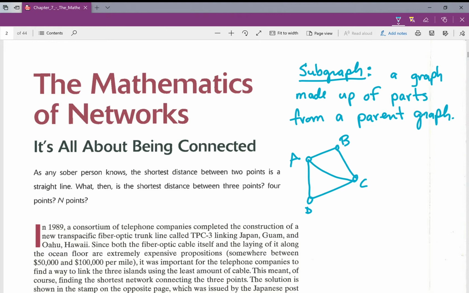And as long as I draw a graph using these parts and nothing else, we have a subgraph. So if this is the parent, then a subgraph might look like this.